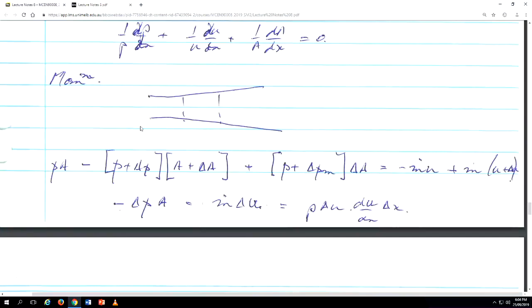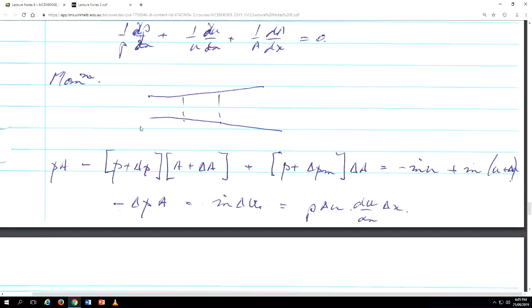All right, so now let's work out all these terms here. Well, this PA on this face cancels with the PA on this face, so I've got nothing there. Now what about the P delta A? That's minus P delta A, and that'll cancel here. This term here is of order delta P times delta A, so it's two small quantities.